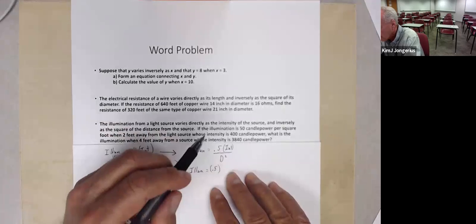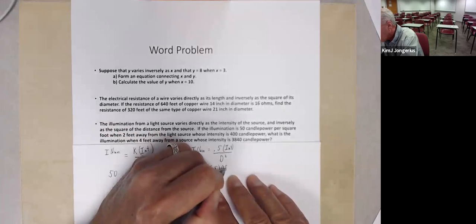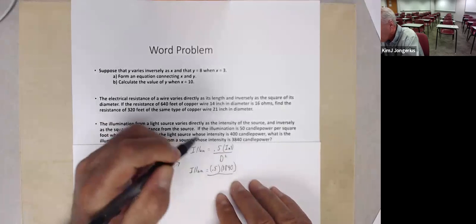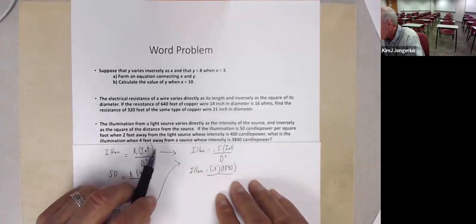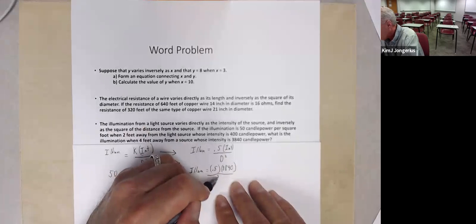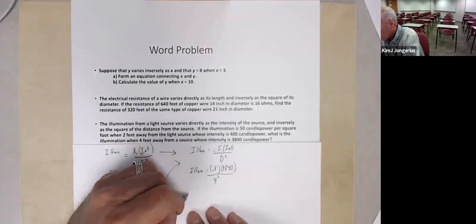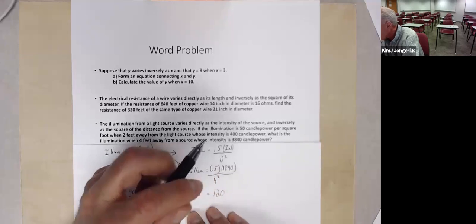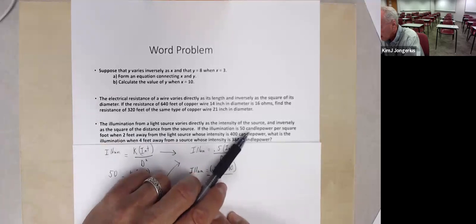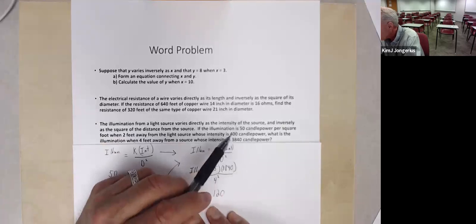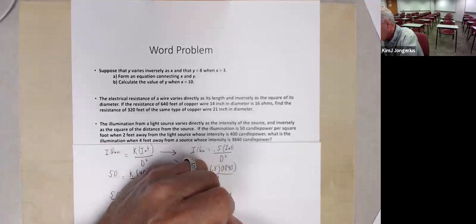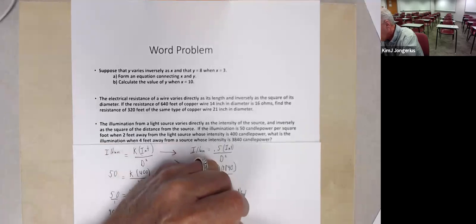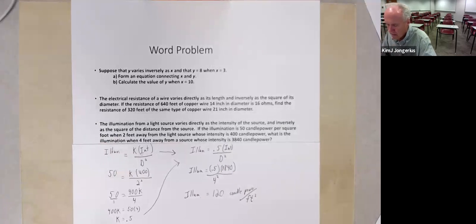My intensity is 3840. And my distance was 4 feet. When you multiply all of those out, turns out your illumination is equal to 120. And my label, similar to what it is up here, is candle power per square foot. And that would be my answer.